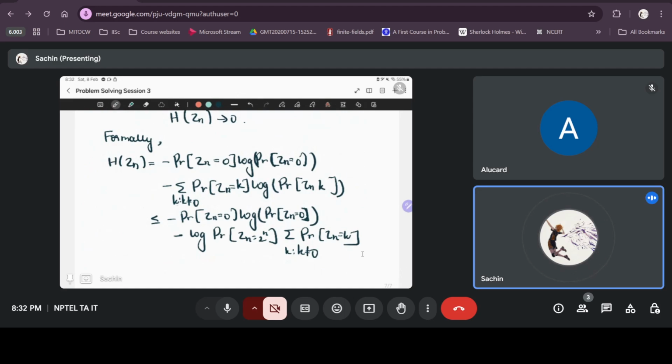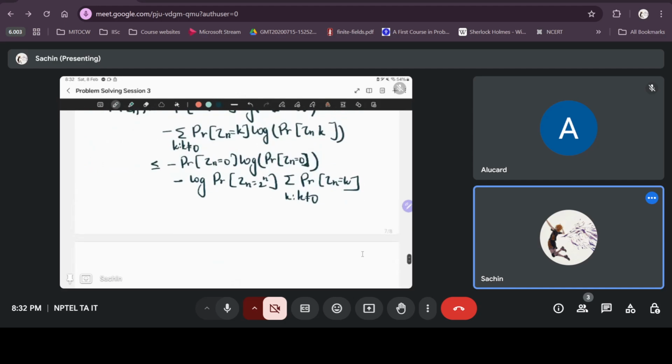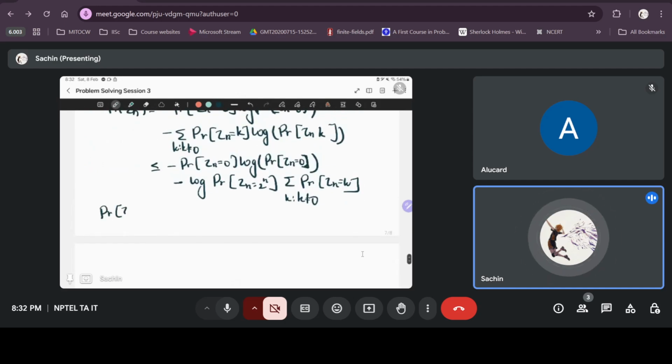That is for every other value other than 2 power n, the probability of that value is larger than, in other words, probability of Zn equals k is greater than or equal to probability that Zn equals 2 power n for all k not equal to 2 power n.